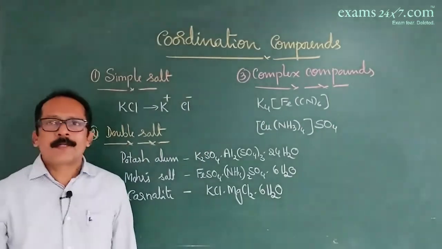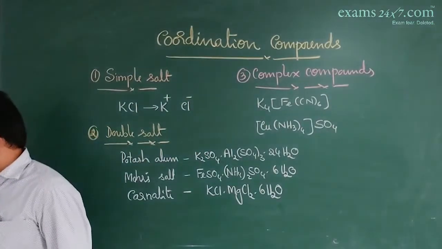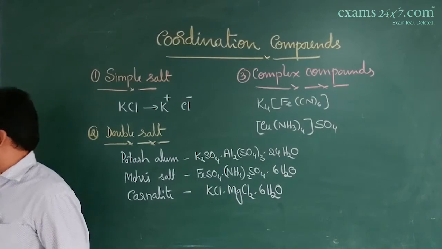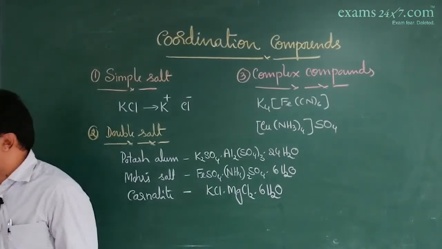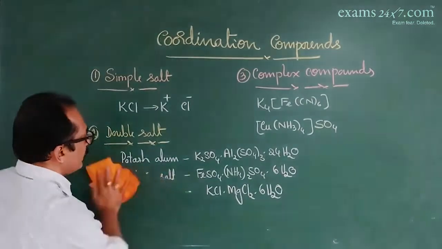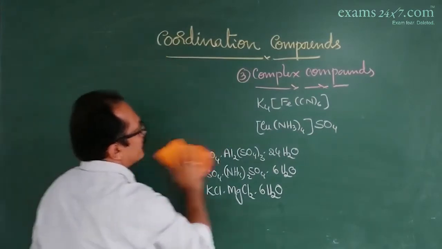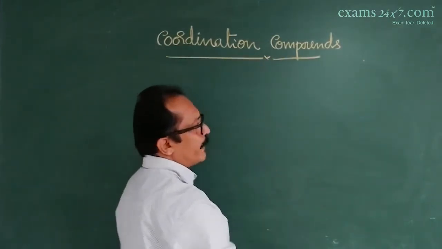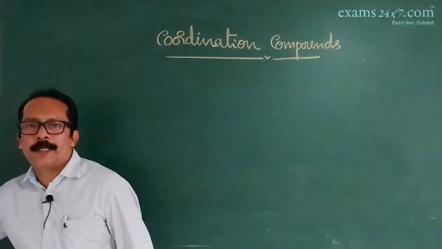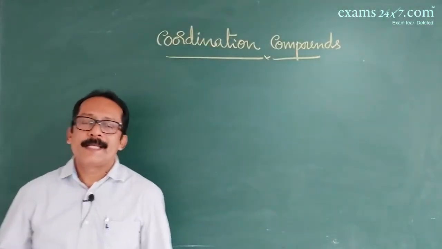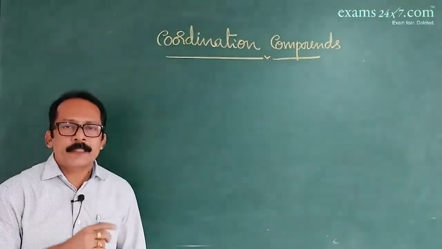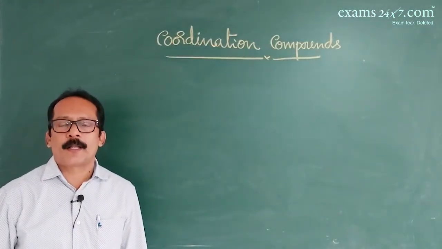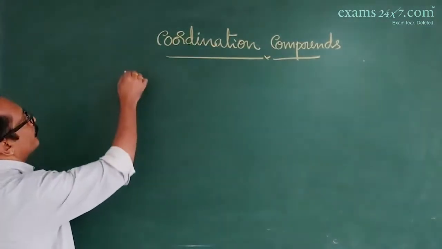So these are the different types of inorganic compounds. Next about complex ion. A complex ion is a charged species where the central metal ion or metal atom is bonded with a definite number of ligands. Such an electrically charged part is called a complex ion.